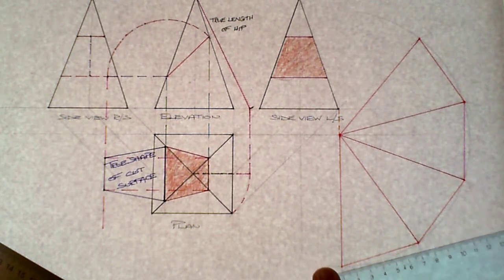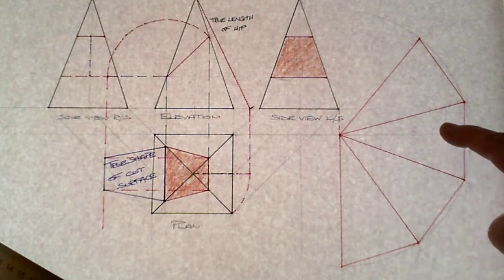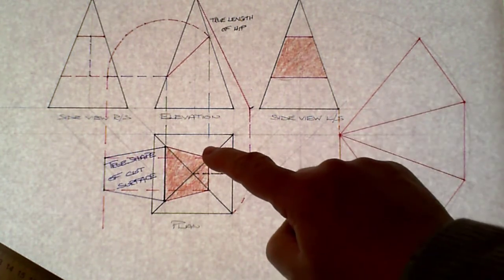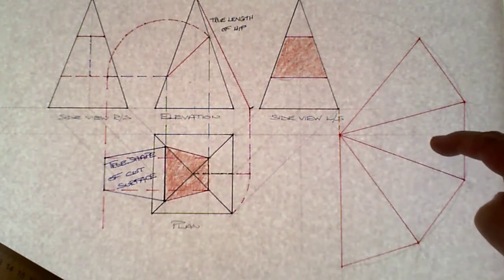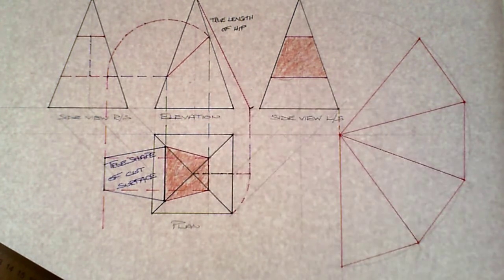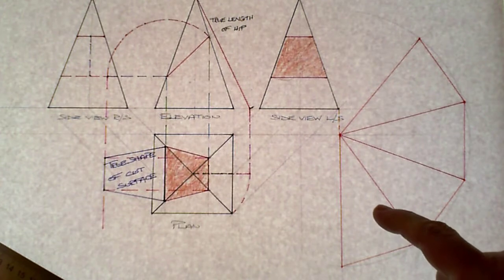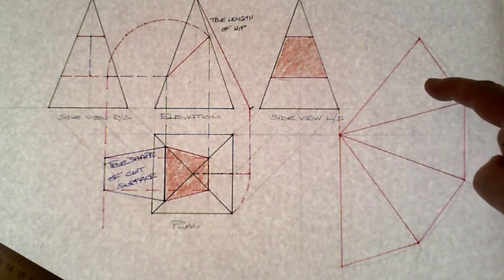As a development, what I have here are the 4 sides of the pyramid, without imposing the cut on them at this stage.